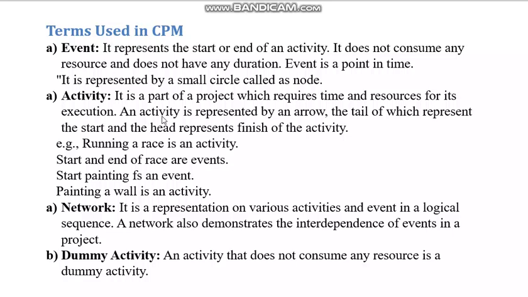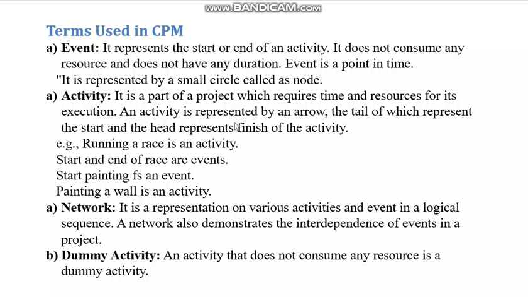If you are digging, you need a JCB, you need diesel in the JCB, and like that some resources are required. Or if you are digging manually, workers will be required.